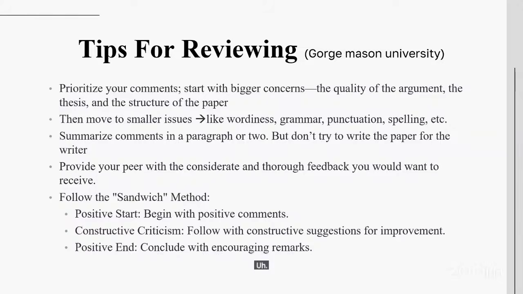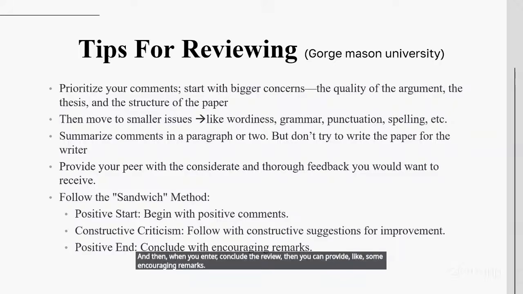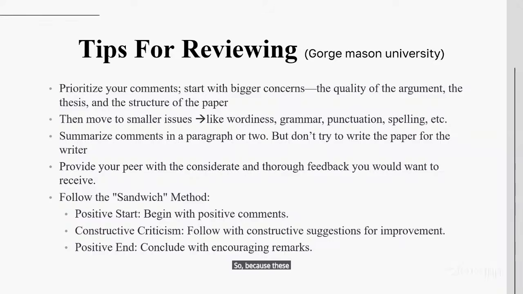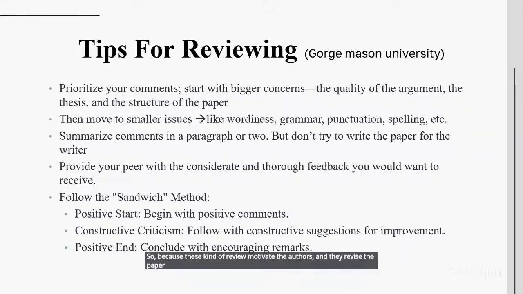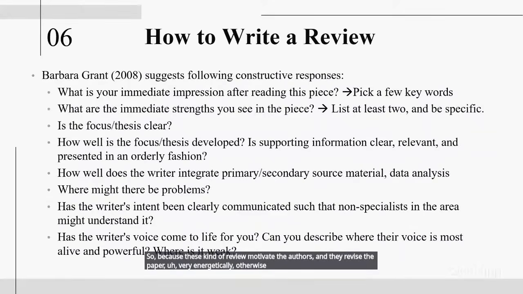And when you conclude the review, you can provide some encouraging remarks. Because this kind of review motivates the authors, and they revise the paper very energetically, otherwise they are discouraged.